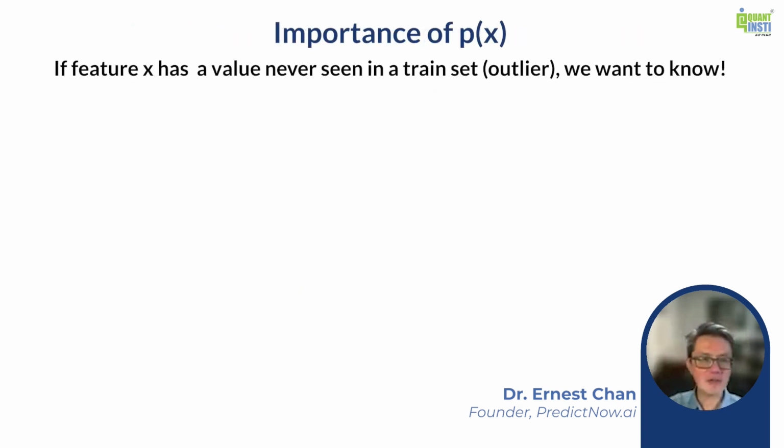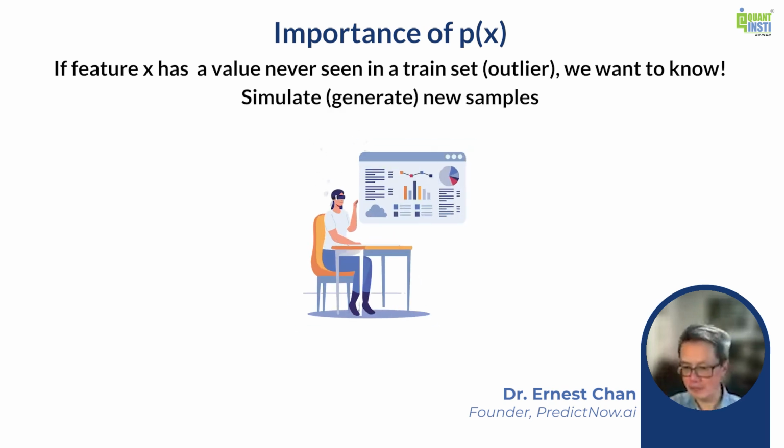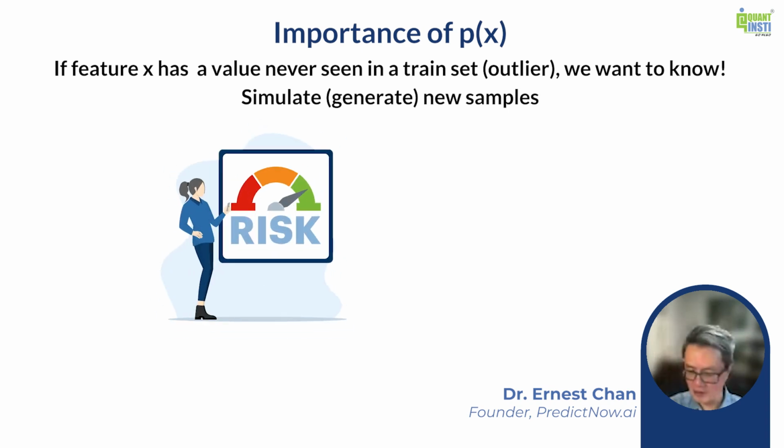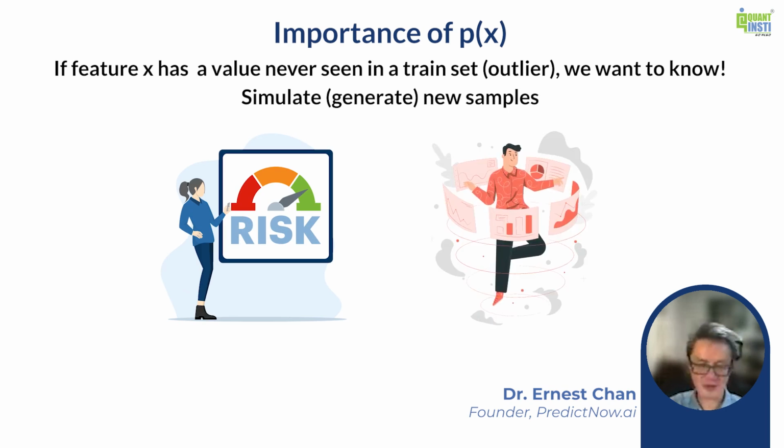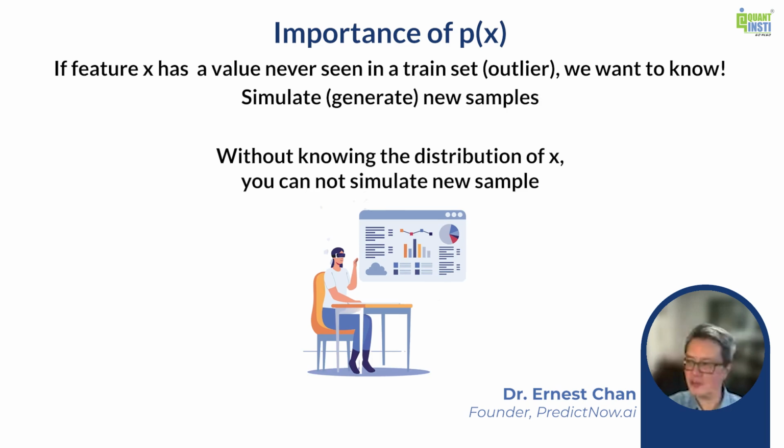The second reason why building a probability distribution of the features is important is that you want to be able to simulate new samples. Why do you want to simulate new samples? If you can simulate the distribution of X, you can use it for a lot of downstream uses. Risk management is one of them. Optimization is another one. Without knowing the distribution of X, you cannot simulate new samples.